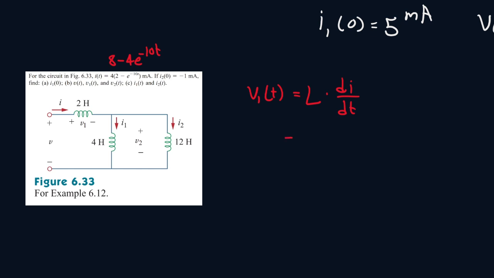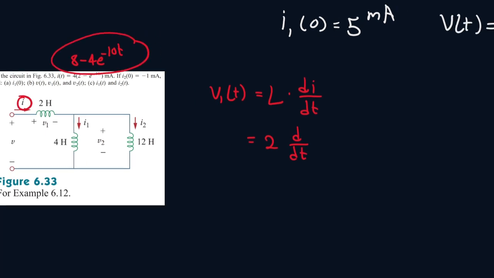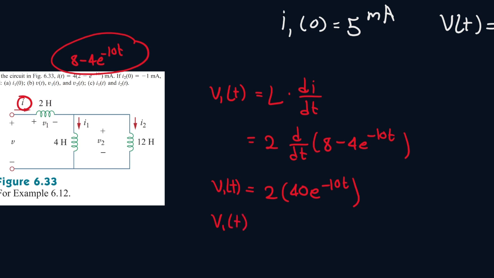So L is 2 henries, and the current passing through it is I, and I is represented by this equation, 8 minus 4e^(-10t), and obviously that derivative was 40e^(-10t). Alright, so that means V1t is equal to 80e^(-10t).